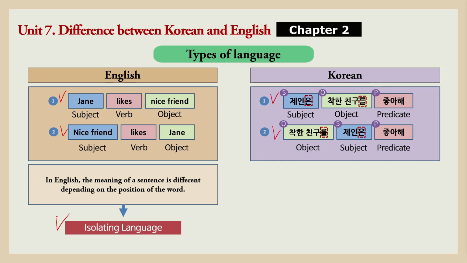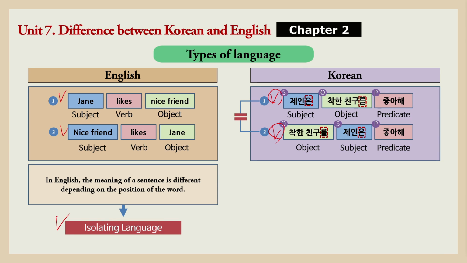This sentence is made up of object, subject, predicate structure. Look at the two sentences. What's the difference? The structure of this sentence is different. But the first sentence and the second sentence have the same meaning.